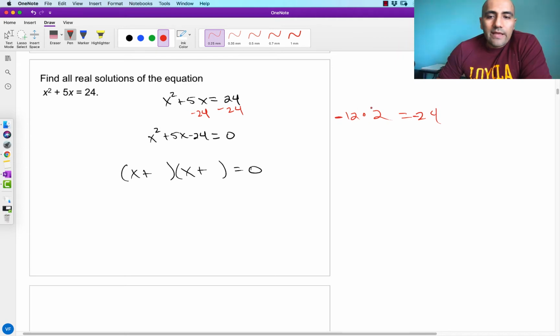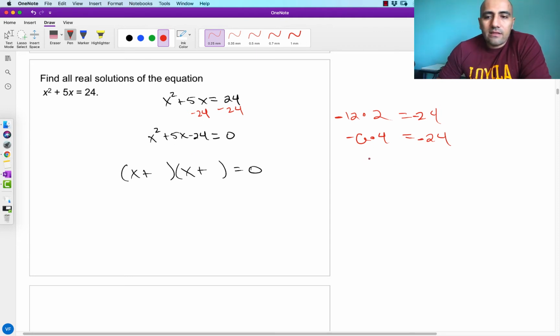Even if I move the negative to the other side, they would add up to positive 10, so that's not going to work. How about 6 and 4? 6 times 4 gives you 24. If we make one of them negative, we'll get negative 24, but again, that's not going to give me the result I want.